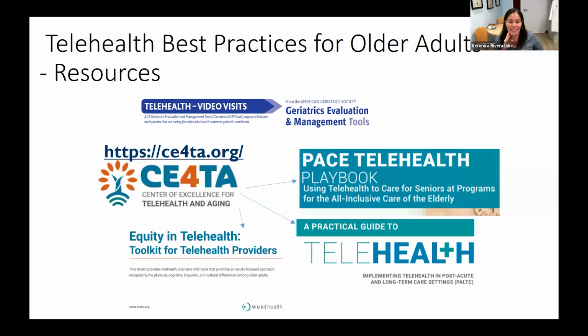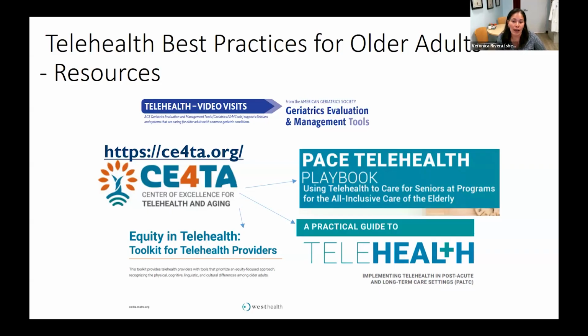Also, West Health created a Center of Excellence for Telehealth and Aging. That is quite a robust website with a lot of resources and references as you are working on providing telehealth and telemedicine services to your seniors.